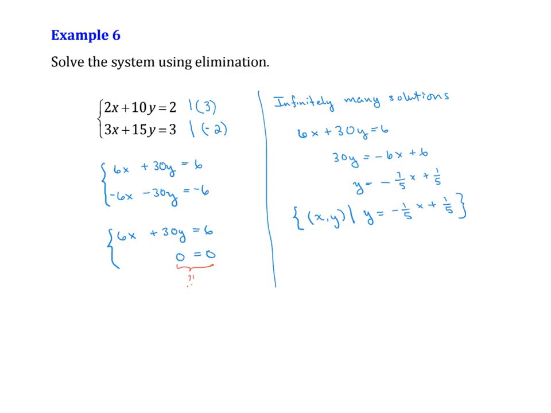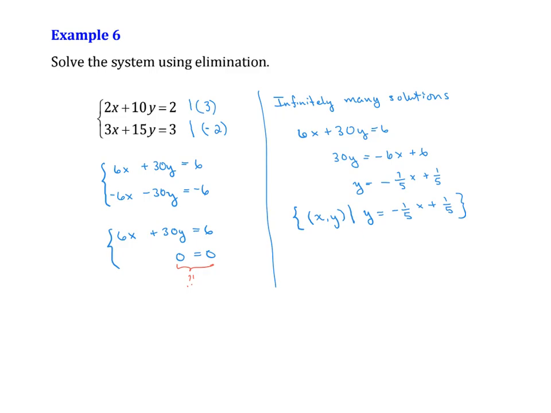So what happens here is these two lines are coincident. They coincide. So if we graph them, one line falls on top of the other line. They intersect everywhere. Whereas in example 5, if we would graph those, the two lines are parallel, they never intersect.